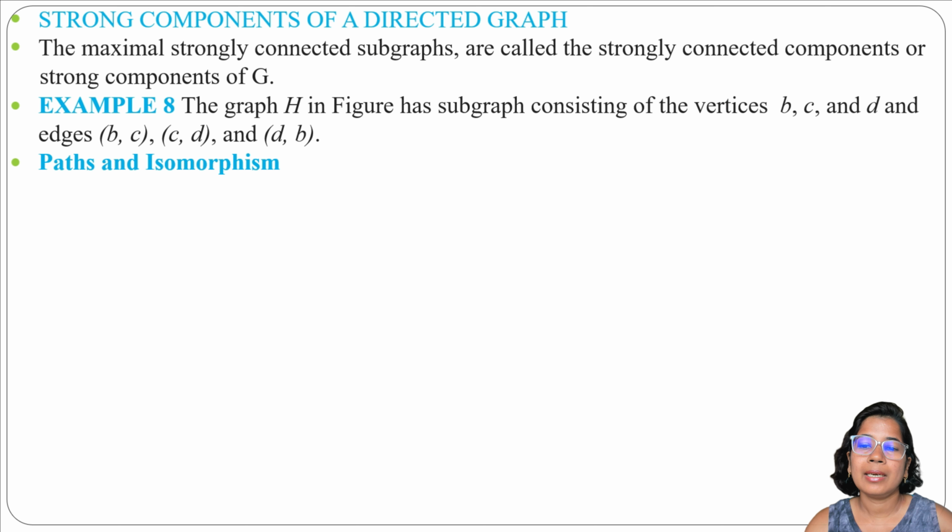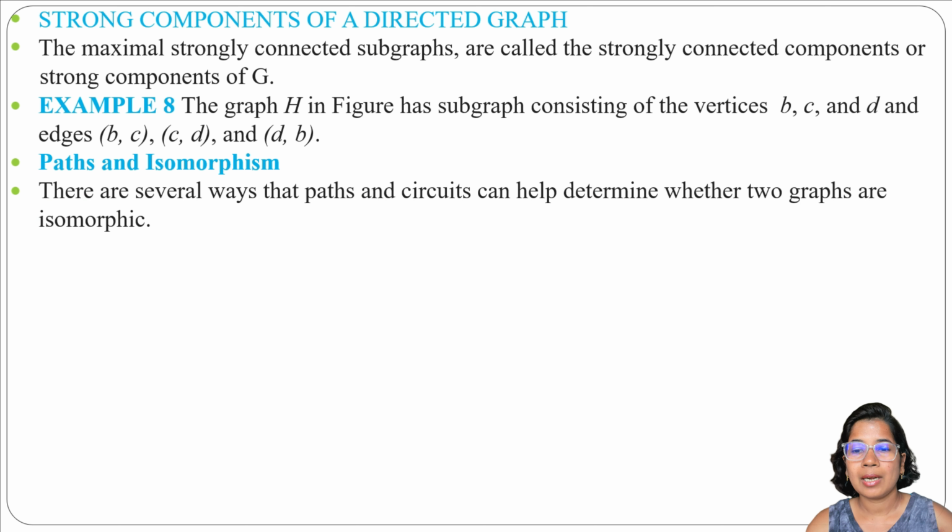Next, path and isomorphism. I already discussed isomorphism. In case of isomorphism, we check whether two graphs are similar or not. We check some invariants like the same number of vertices, same number of edges and same degree sequence. After that, if mapping is possible, then the two graphs are isomorphic. Now with these previous invariants, we'll add another invariant like circuit.